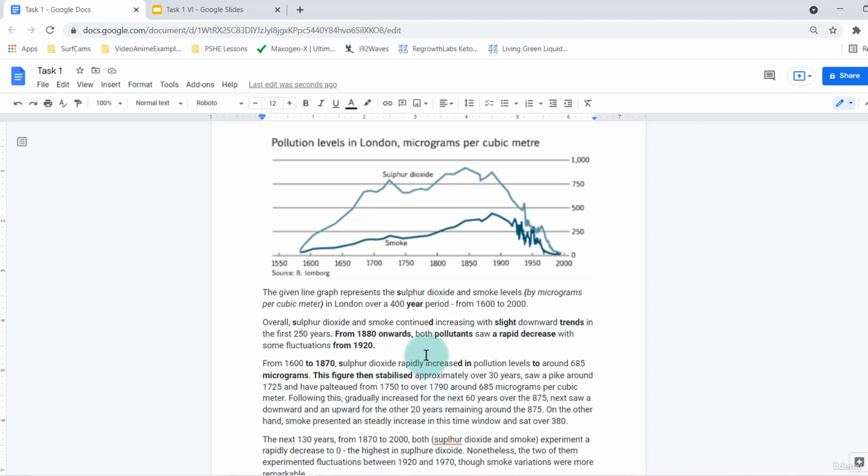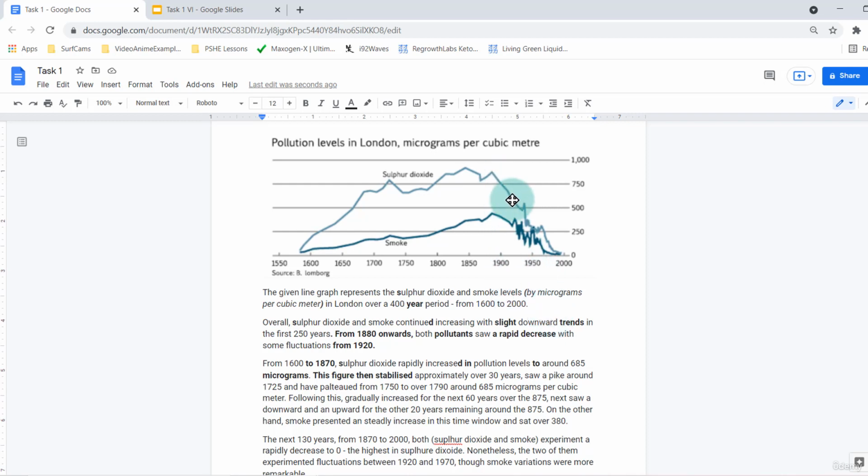But remember that if you spell in the American or the British format, it doesn't make a difference for your band score. This figure then stabilized approximately over 30 years. So we're at 1870, and he's saying that the figure sort of stabilized, and it does. I would say for sulfur dioxide, there's actually a drop from there.